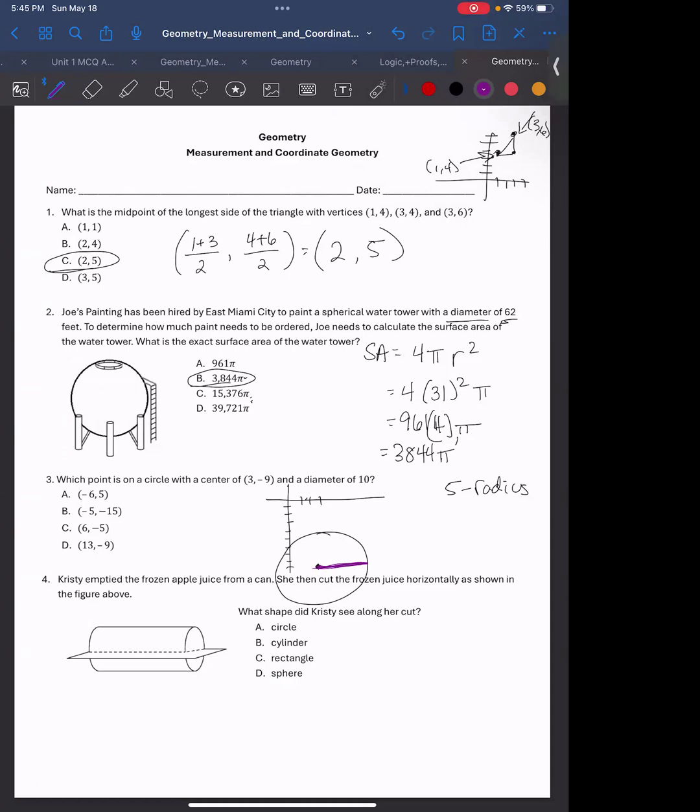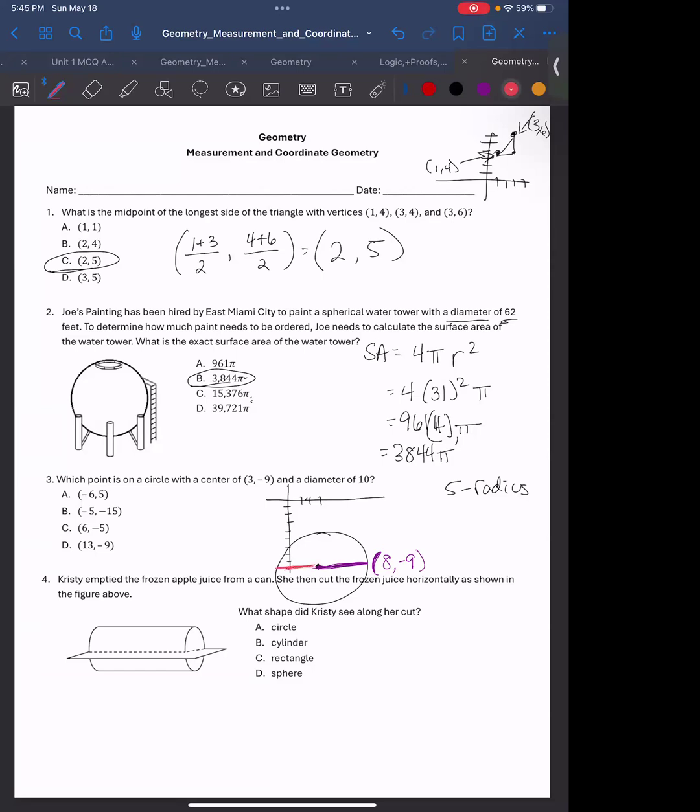Would I be moving my X or my Y? My X, right? My Y's are staying at -9. So this point would be 3 plus 5. What's 3 plus 5? 8. So 8, -9.